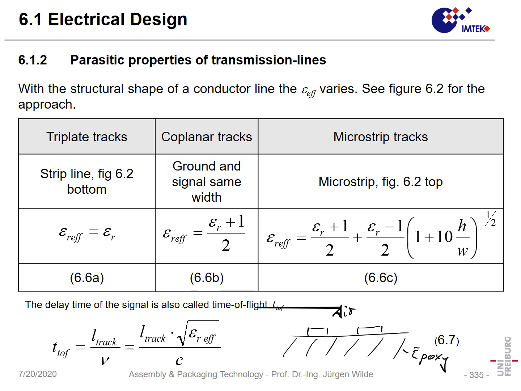So you could say in cases where we have such coplanar tracks, the permittivity is the permittivity of air, which is 1, plus the permittivity of that epoxy, for instance, and you take the mean of both, and so it's epsilon r plus 1 divided by 2.